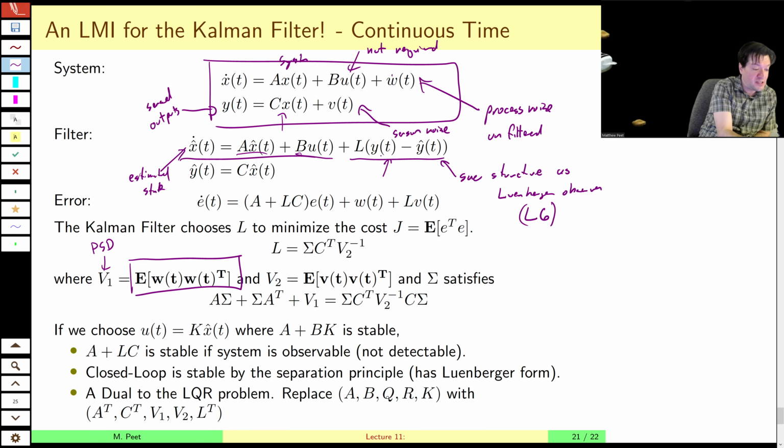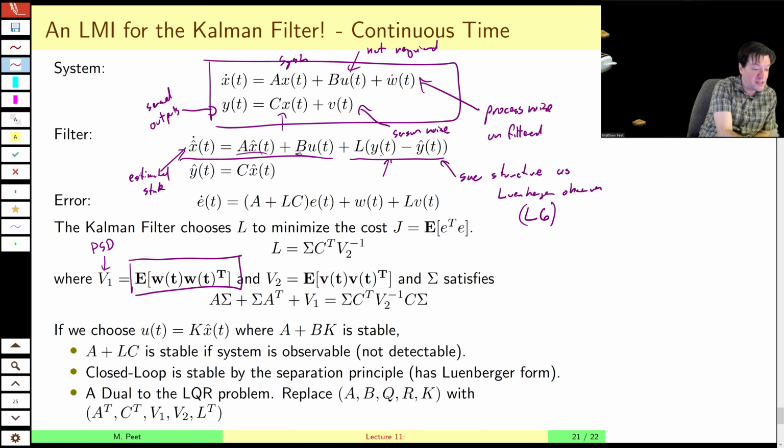As with the Leuenberger observer, we form the error dynamics. The error, remember, is the difference between the predicted state and the actual state. And if you close the loop on these dynamics, what do you get?